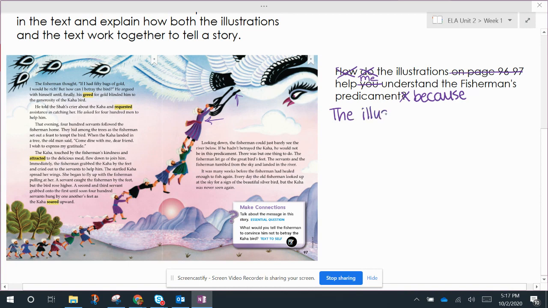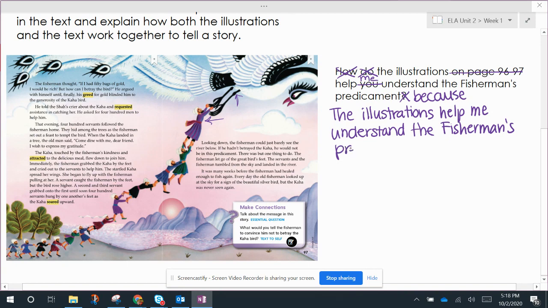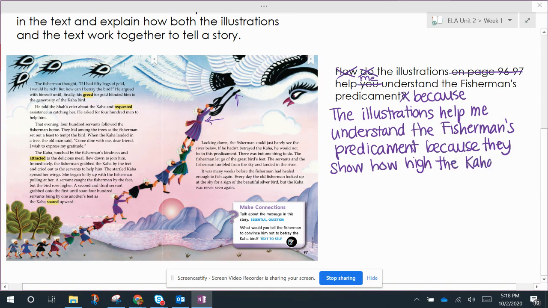The illustrations help me understand the fisherman's predicament because they show how high the Kaha bird was in the sky.